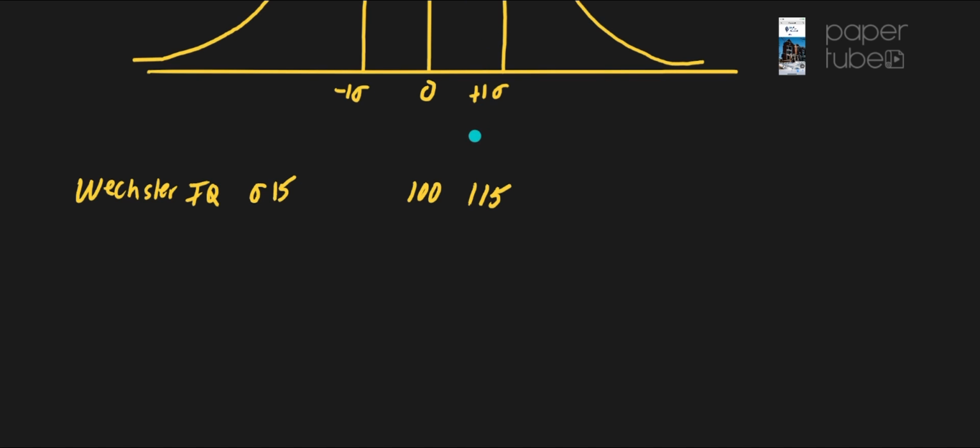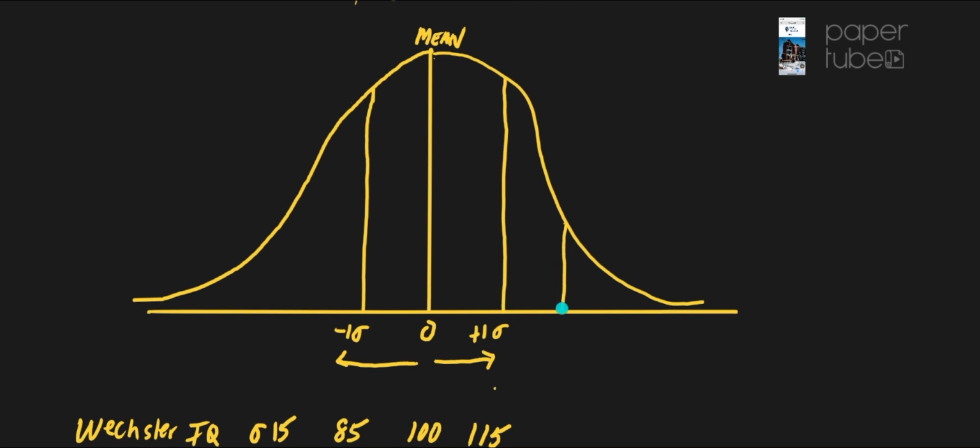So one standard deviation above the mean is 115. One standard deviation below the mean is 85.